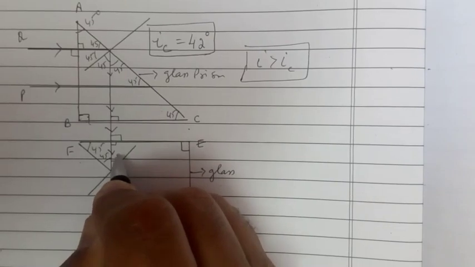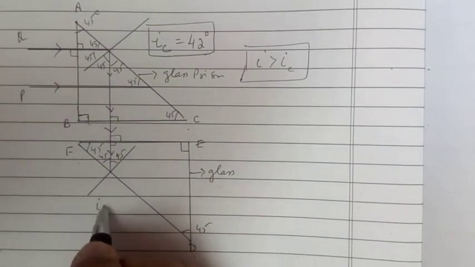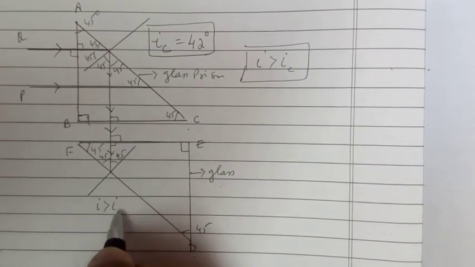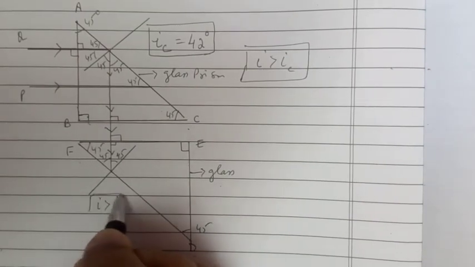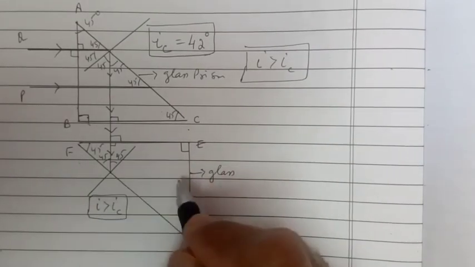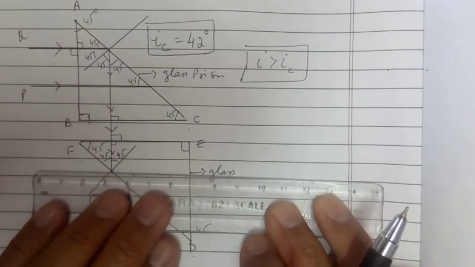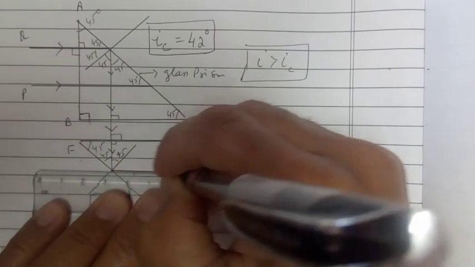This angle is 45. So the angle of incidence becomes more than the critical angle because the critical angle is 42. The ray cannot go out. It will get reflected back into the same medium. So the ray turns from here by 90 degrees.